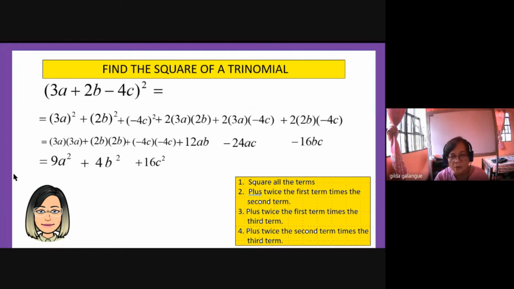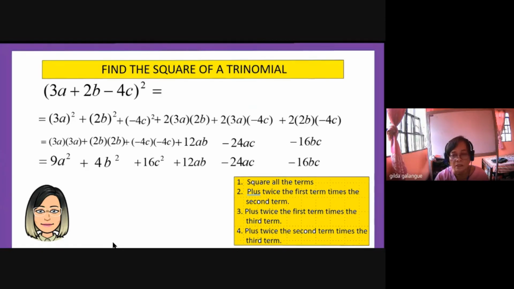So just bring down 12ab minus 24ac minus 16bc. So what is our answer? For 3a plus 2b minus 4c quantity squared, our answer is 9a squared plus 4b squared plus 16c squared plus 12ab minus 24ac minus 16bc.